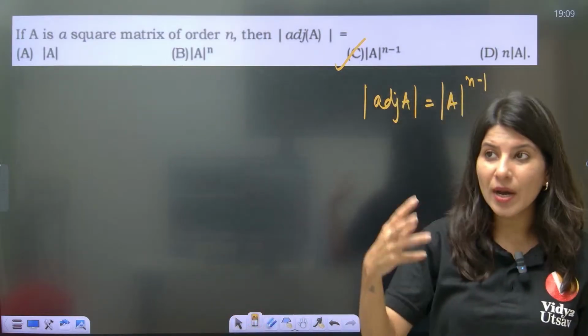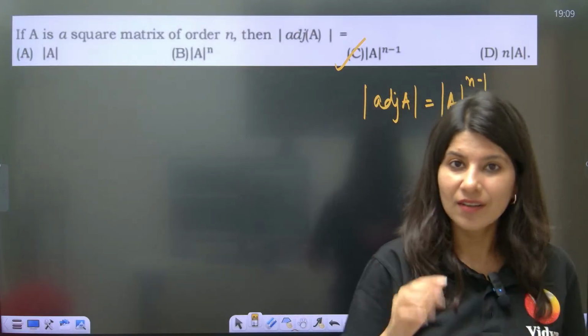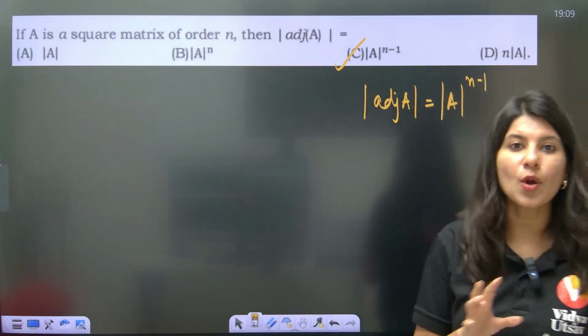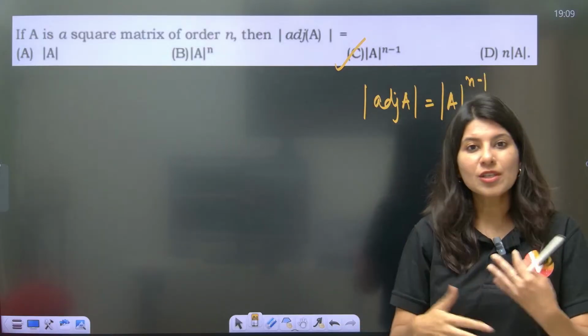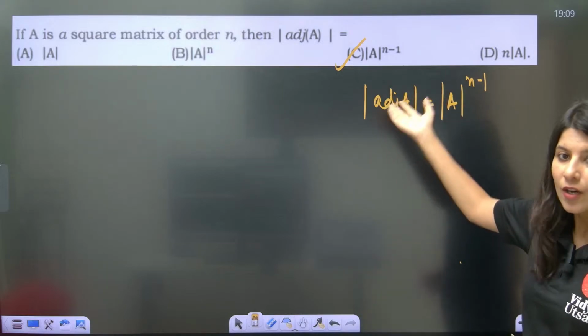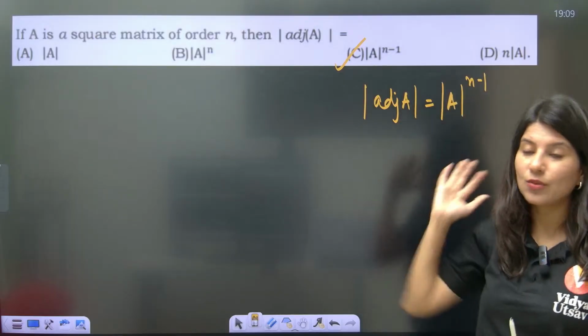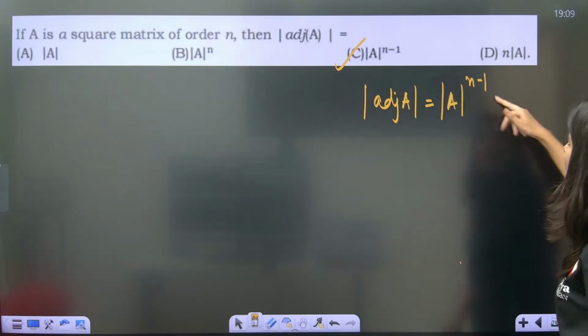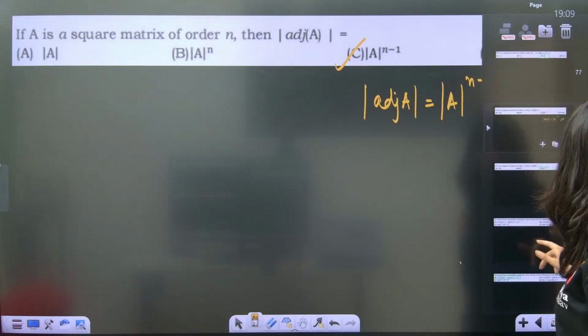I hope that you are able to memorize the properties of matrices, because there are very few properties. It's not that there are so many. They can ask you this property either in this format, or they can give you the order also. They can give you 3 cross 3, 2 cross 2, like that. So just remember this core property. You can solve a lot of questions from this core main property.